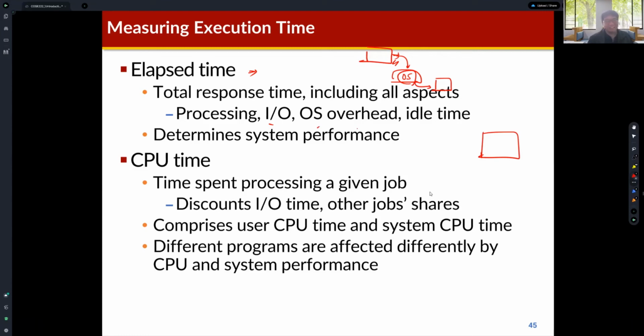The noise is very high. So to compare the performance of two different CPUs or processors, we just measure the CPU time.